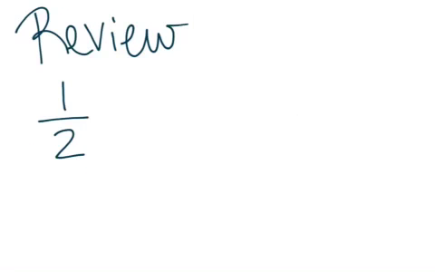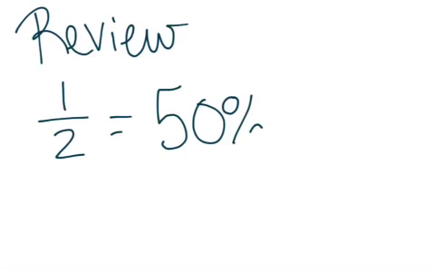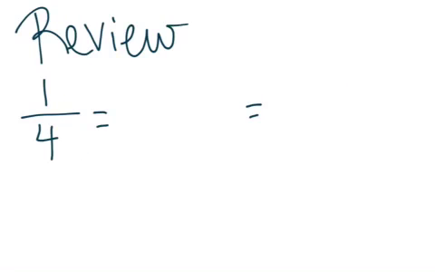Alright, so we're going to review some basic fractions as percentages and decimals. So a half, obviously, is equal to 50%, because if you get half of the credit, you get 50% credit, which is also equal to 0.5 tenths or 50 hundredths. 1/4, if you're thinking money, this is an easy way for you to remember it.